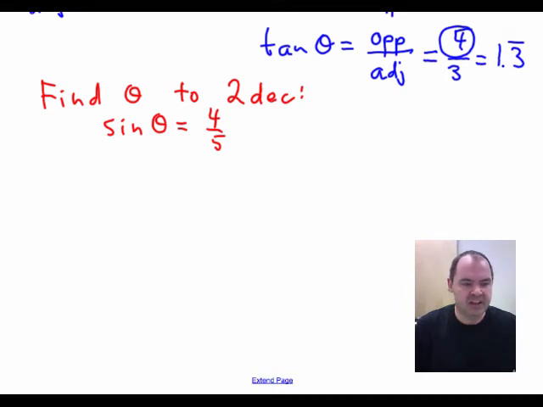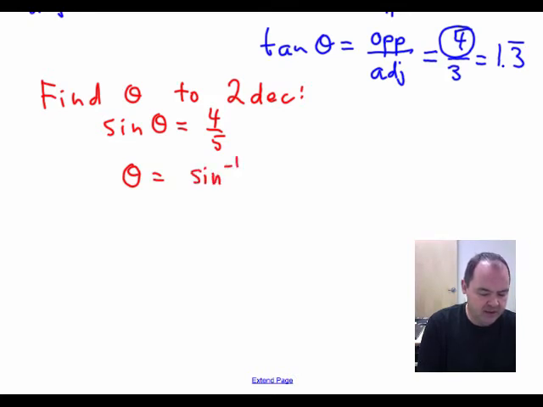If we're told that the sine of theta is 4 over 5, we can get the angle by doing the inverse button on the calculator, which is denoted as follows: sine -1.